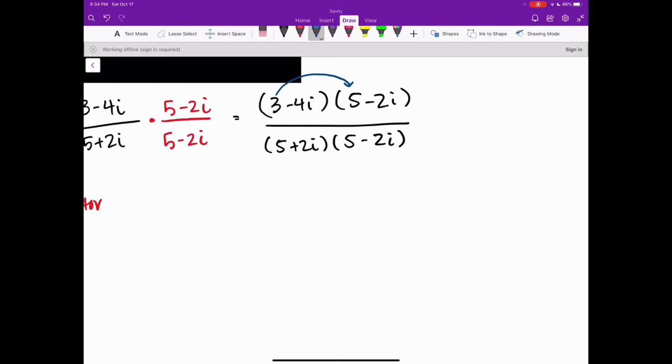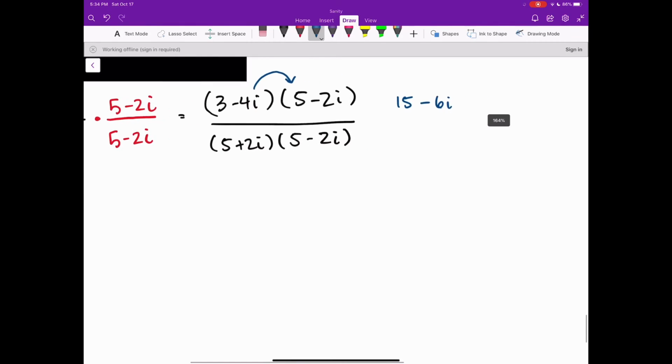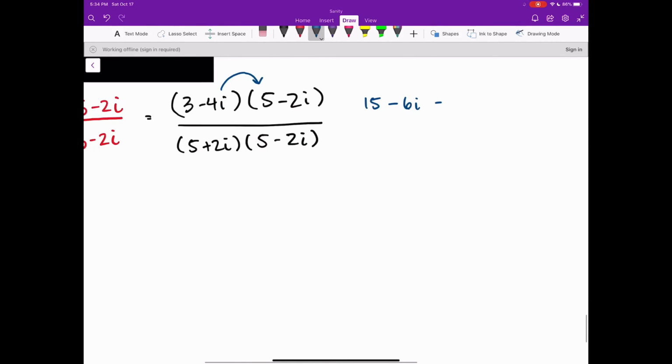This is the 3 times the 5 is going to give me 15. 3 times the negative 2i is going to be negative 6i. All right. Now let's do that second part. So negative 4i times 5 is going to be a negative 20i.